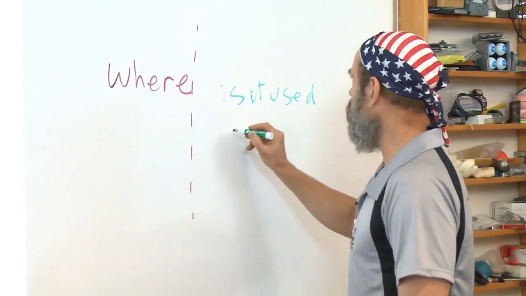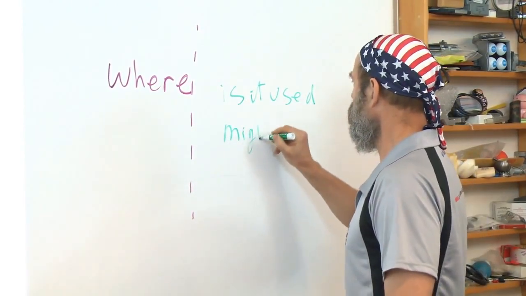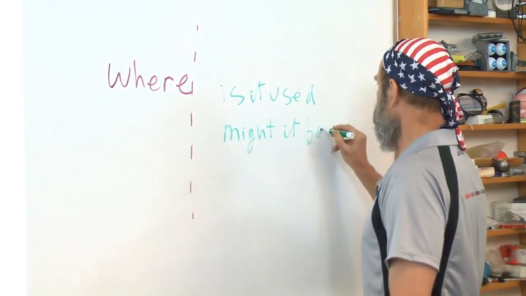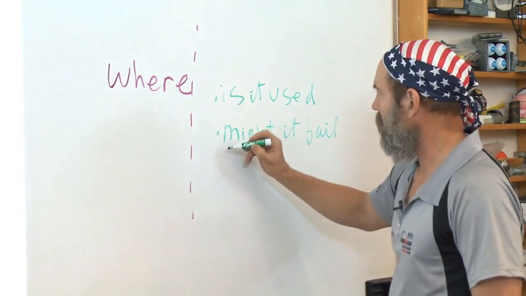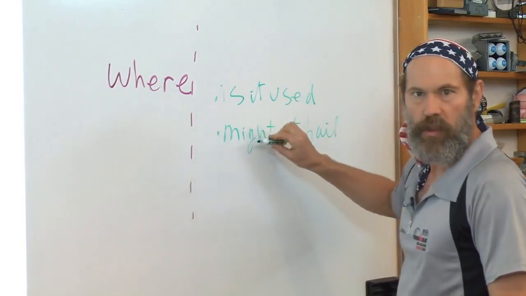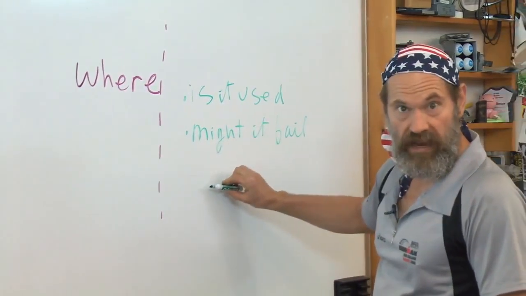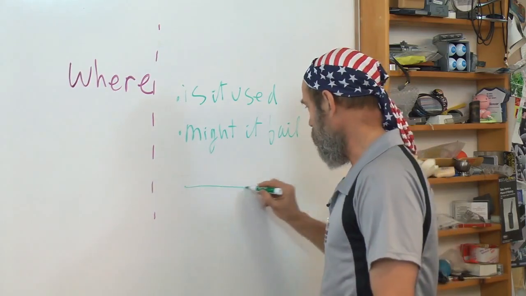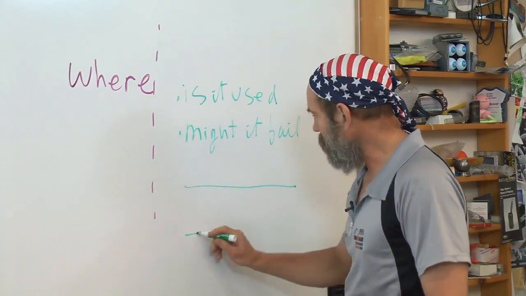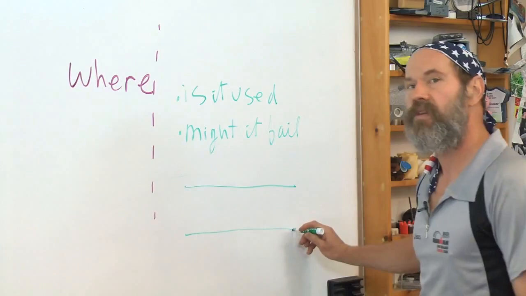Where might it fail? You see what we're doing? We're taking all the different kinds of qualifiers. Where is it used? Where might it fail? Where, what else? Well, you fill in what's here, where. Okay? And now you can almost make this into a game.